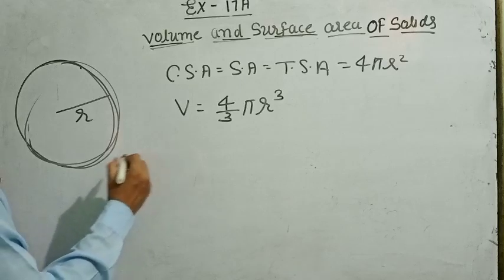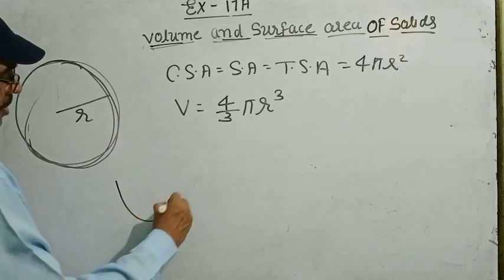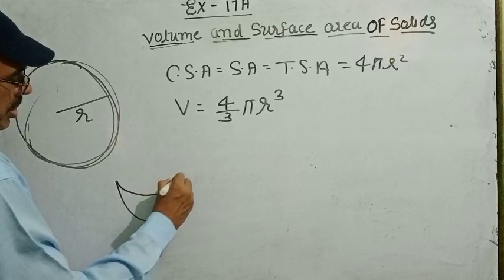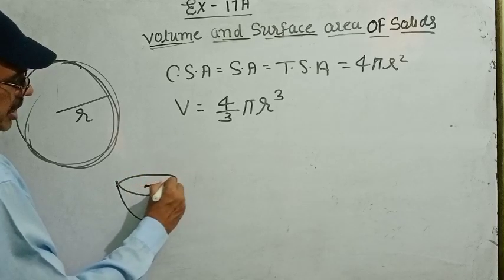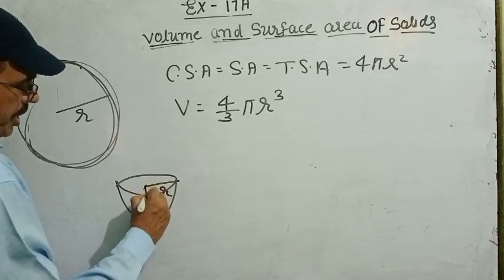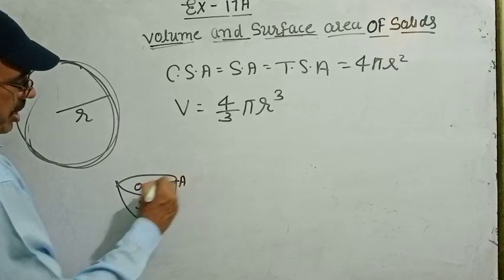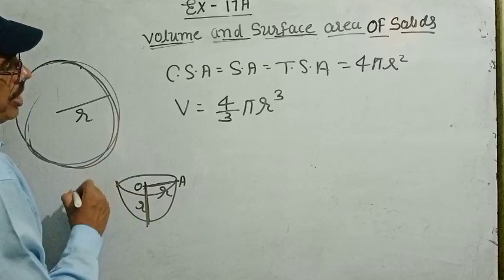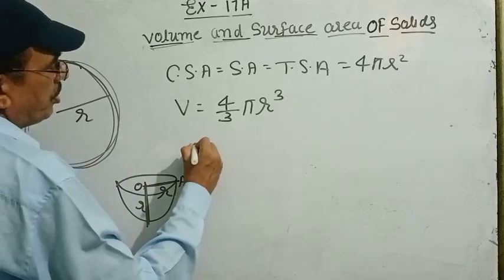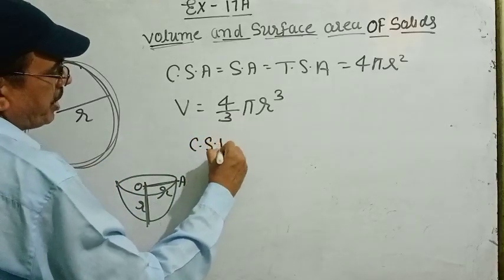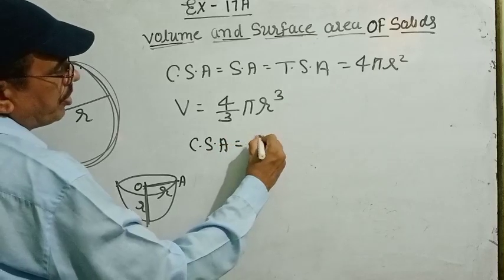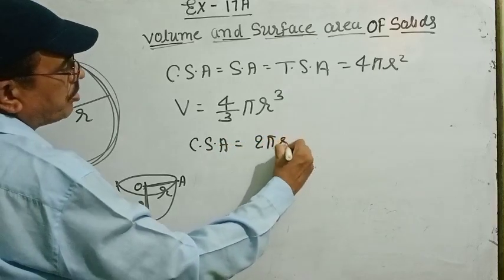And next figure is the hemisphere, like a ball. Its radius is always equal to the height. So the radius of a hemisphere is always equal to the height of the hemisphere. So CSA of the hemisphere is equal to 2 pi R square.